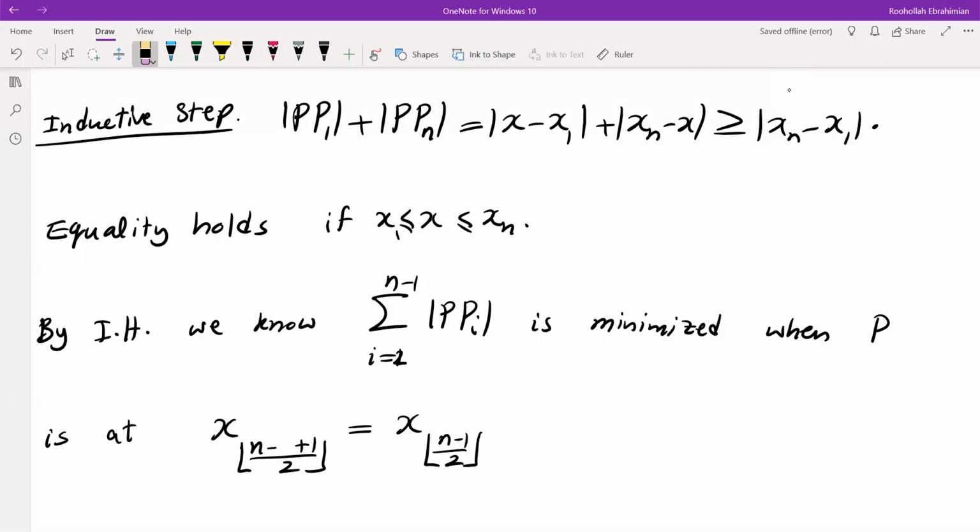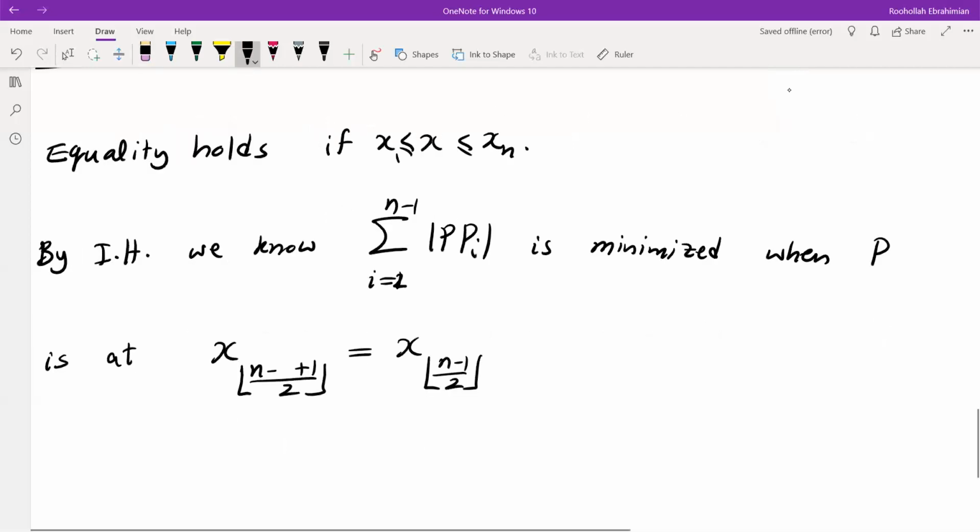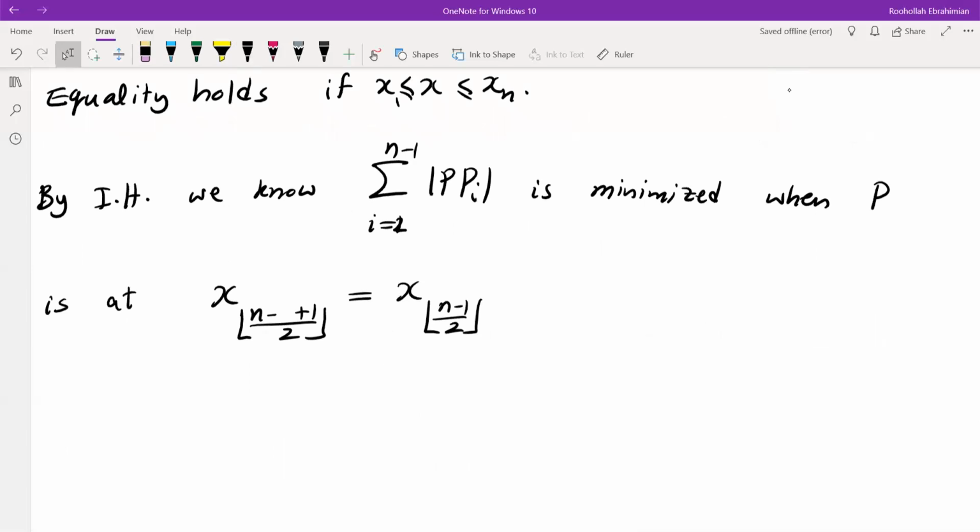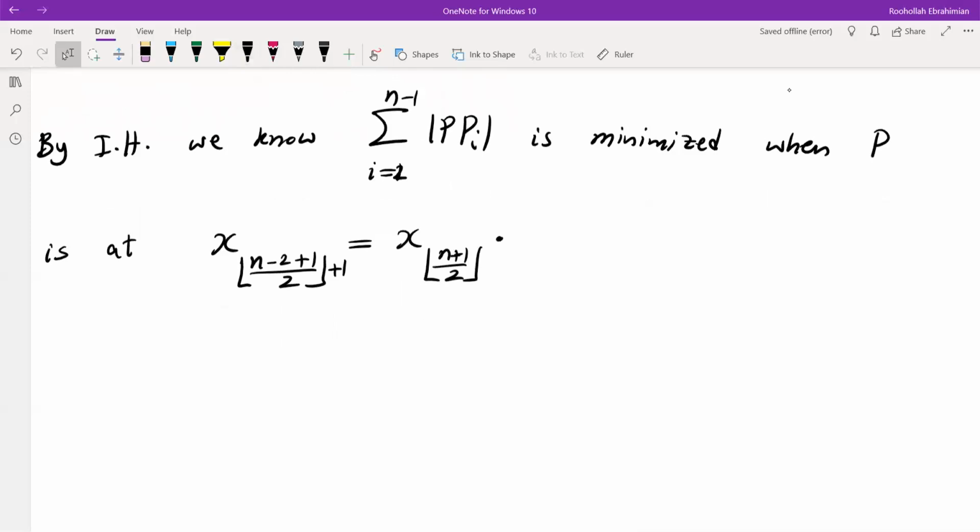I'll have to figure out what's the midpoint of these. So I'll have to take that, and then translate it by 1. So that's exactly (n plus 1) over 2. Yeah, because the indices start from 2 to n minus 1. So I'll have to take n minus 2 because there are n minus 2 indices, and then add 1 and divide by 2, but then I have to shift it by 1 because all of the indices are shifted by 1. Okay, so this is minimized at that.